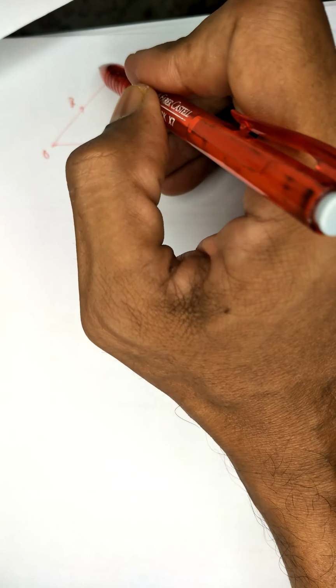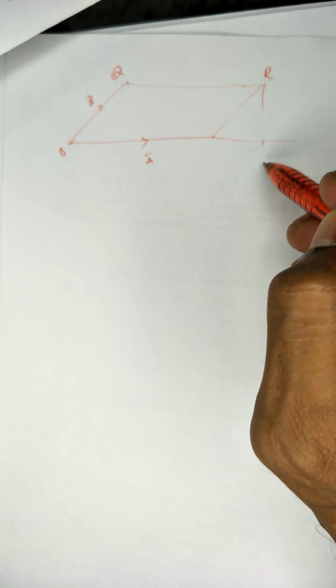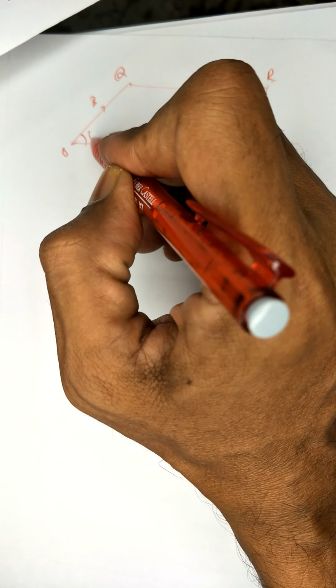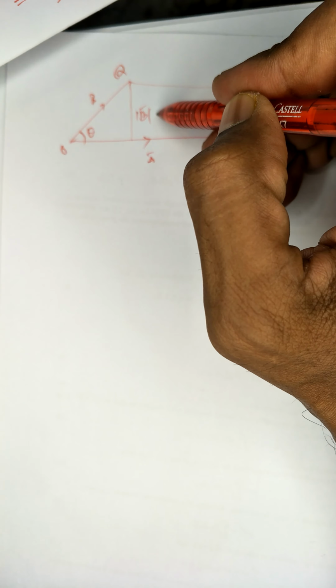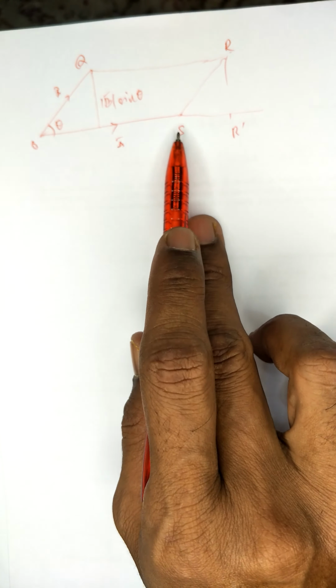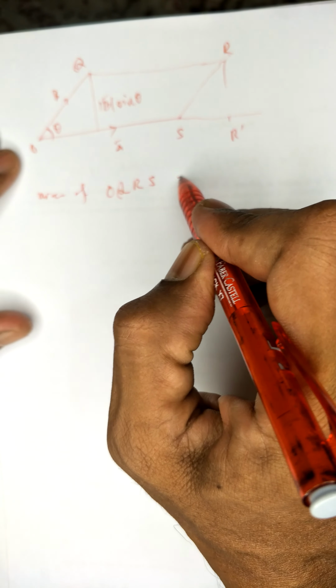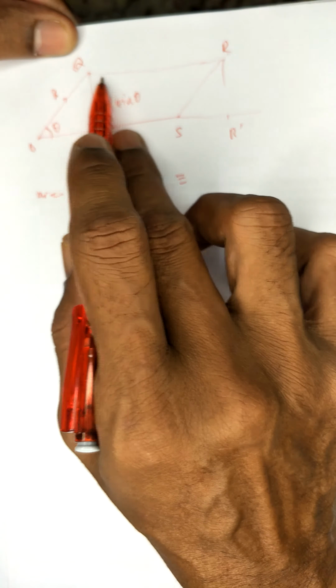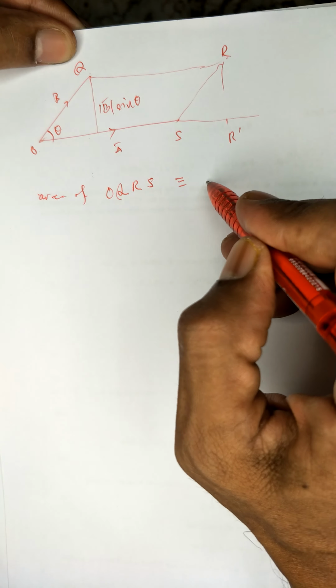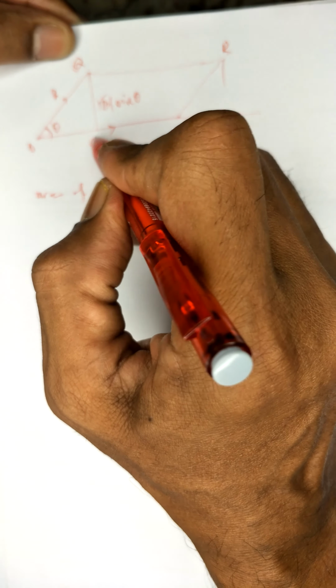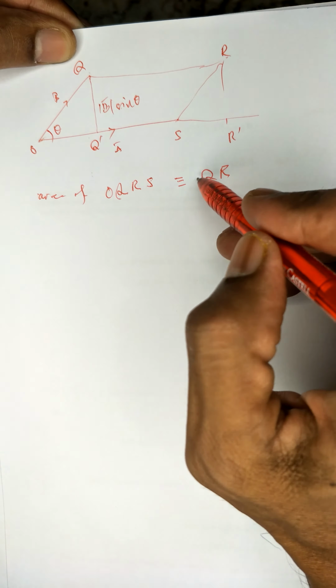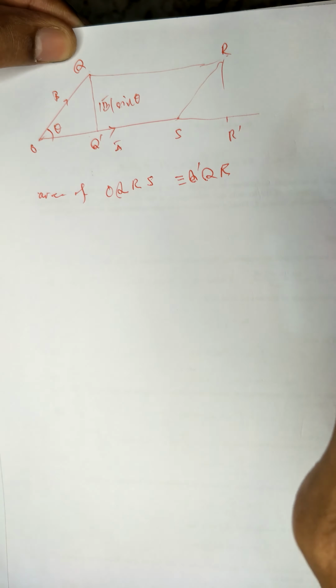This is O, we have Q, R, R prime, and S, this is angle theta, and the height is given by the magnitude of B, sine theta.